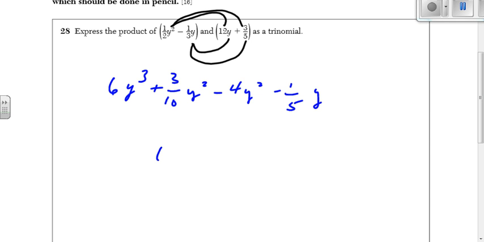Non-unit terms, we're going to do 6y to the third minus 33/10 y squared minus 1/5 y. Good. Next page.